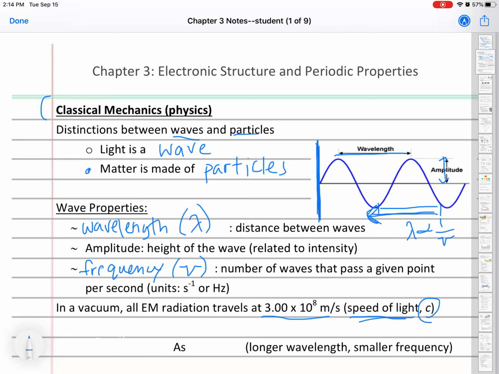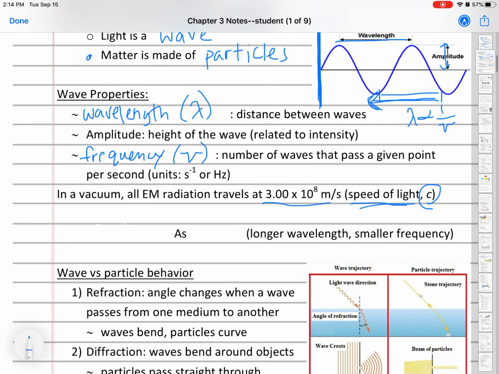So the speed of light can be calculated: it is just the wavelength times the frequency. And as the wavelength goes up, the frequency goes down. That's that inverse relationship between the two. The longer the wavelength, the smaller the frequency is. So there's some anatomy of waves for you.